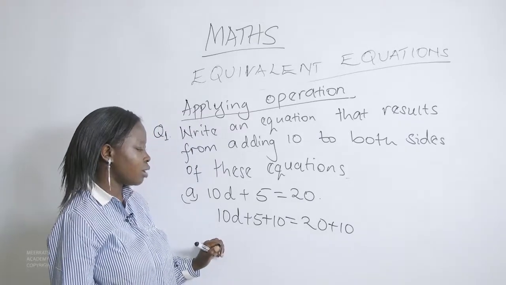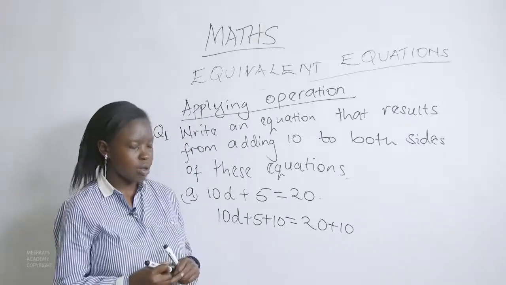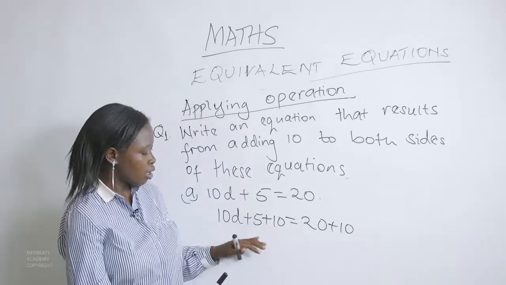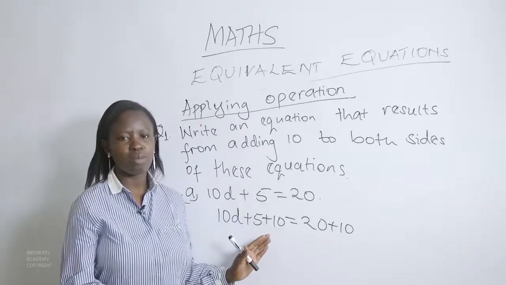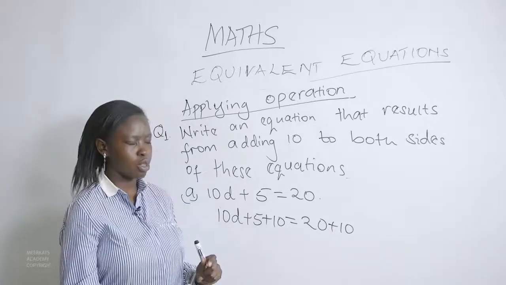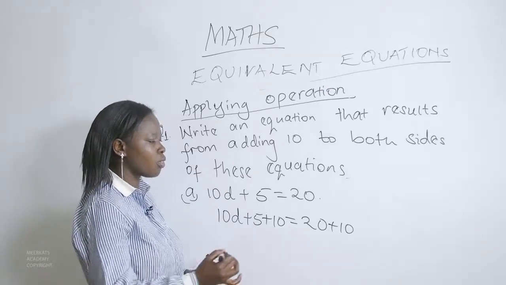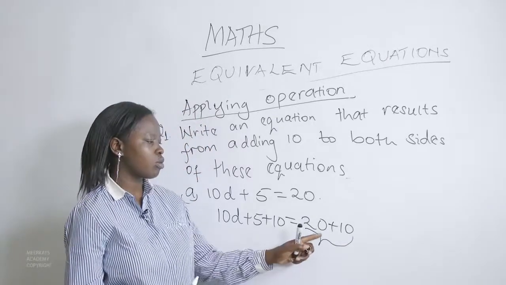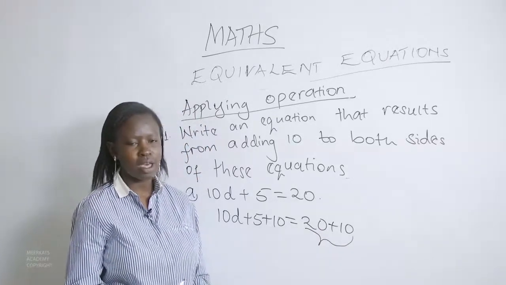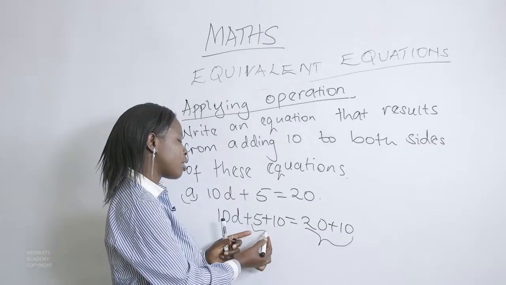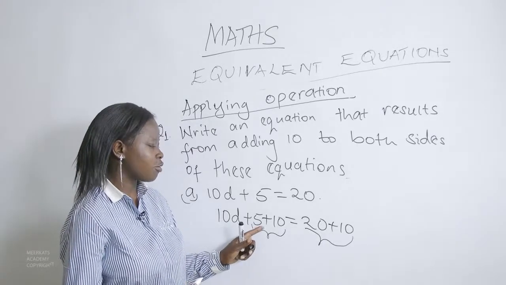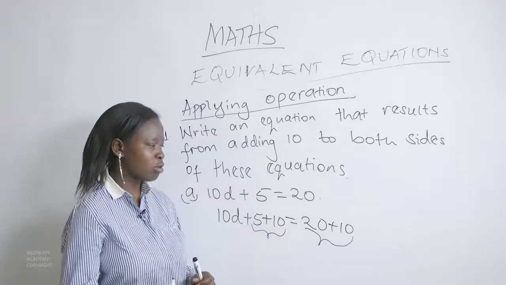So when we add, we need to find out which numbers are likely to be simplified in this given equation. On the right hand side, it is possible for us to simplify because we have 20 plus 10, which are like terms. On the left-hand side, it is possible for us to simplify because we have 5 plus 10, which are also like terms.